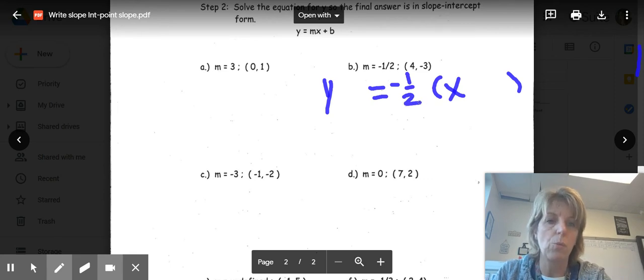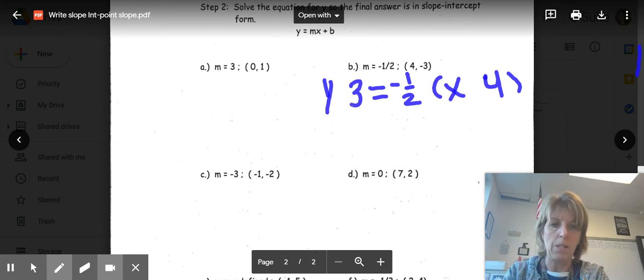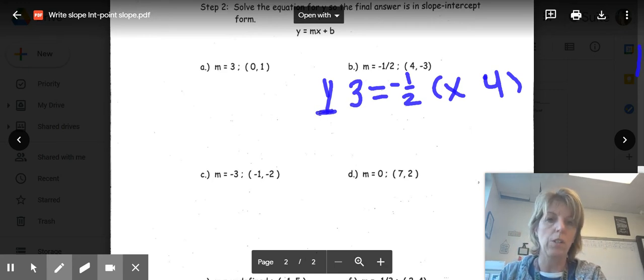The 4 is first, we're going to write it last. The -3 is last, we're going to write it first. So the 4 and the 3 go in opposite spots. It literally tells us the y coordinate goes here and the x coordinate goes there. Now flip the signs. The 4 was positive, we write negative. The 3 was negative, we write positive.